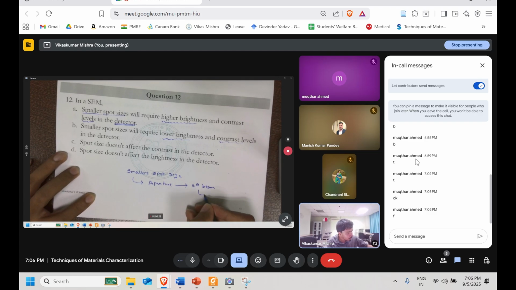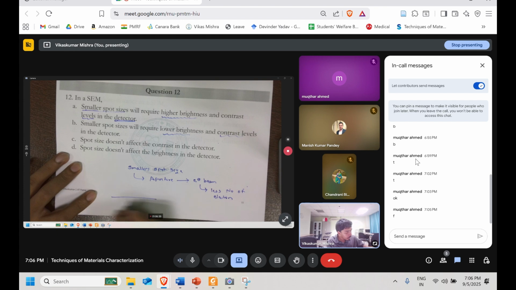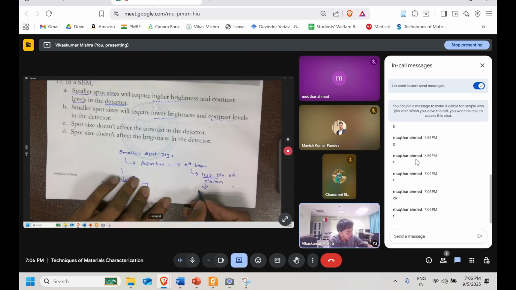I narrow it down, so it means a smaller number of electrons. So the specimen which we are trying to analyze, since the beam had fewer electrons, the signal generated will not be that much, right? So fewer electrons will be generated. This will also be reflected in the signal.